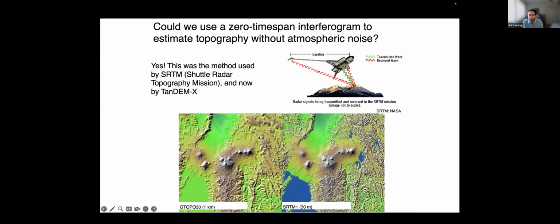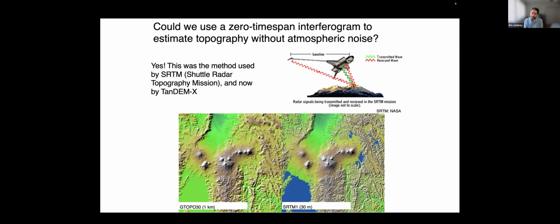It had an antenna in the bay, and it had an antenna out on this long boom that I think was about 80 meters to provide a perpendicular baseline. And so it could actually collect 2 images at the same time. The one in the bay would transmit, and then both of them could receive.